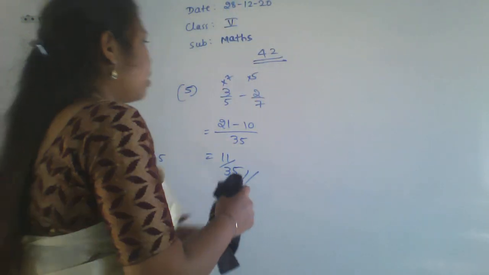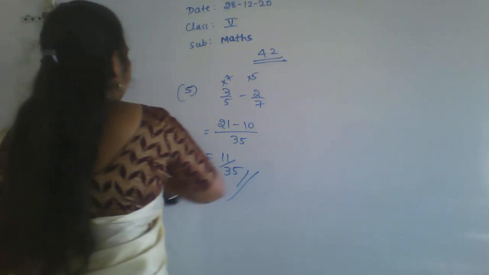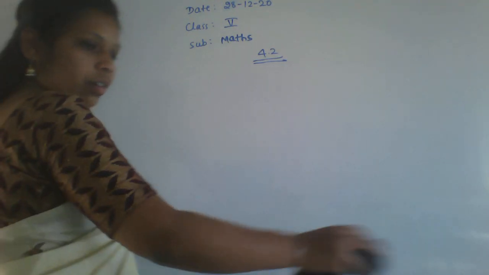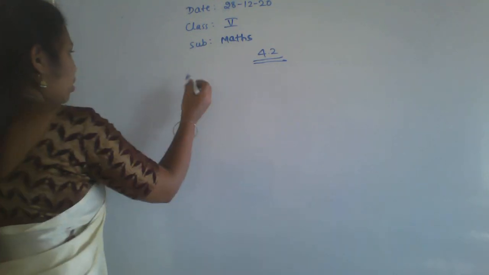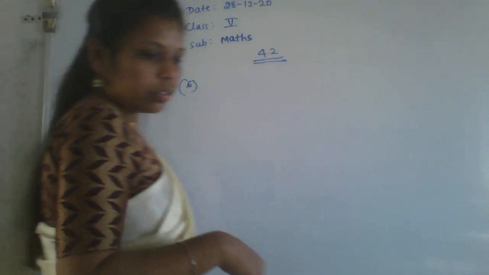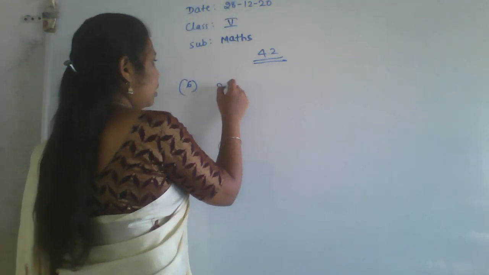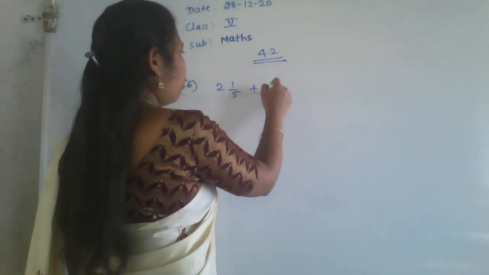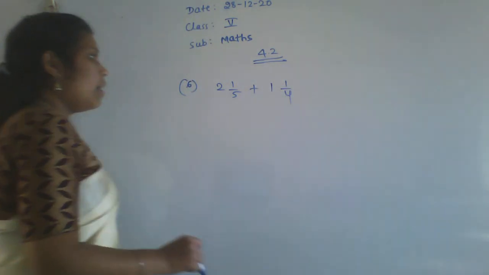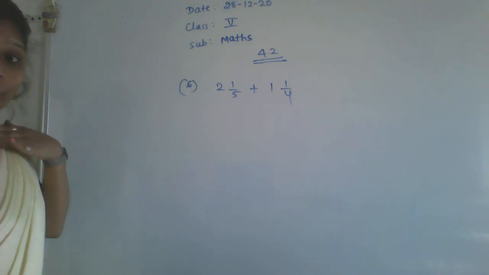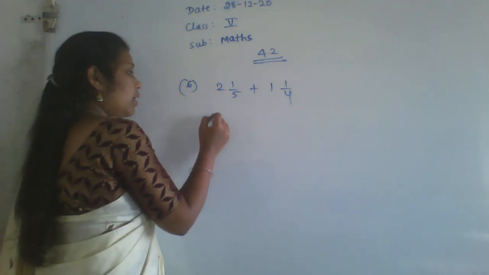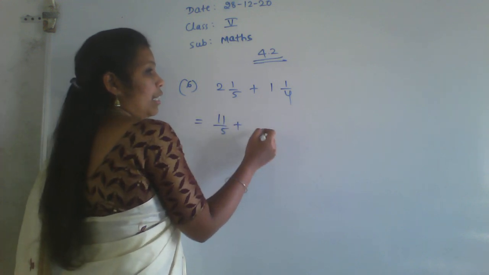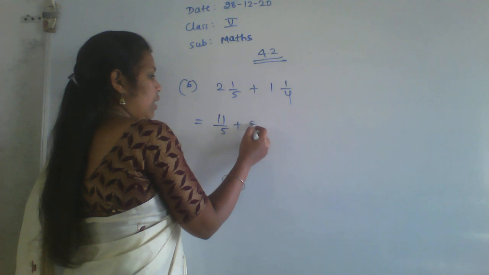Sixth one: 2 integer 1 by 5 plus 1 integer 1 by 4. Okay. So now first convert into an improper fraction. That is 5 twos are 10, 10 plus 1 is 11 by 5 plus 4 into 1 is 4 plus 1 is 5 by 4.